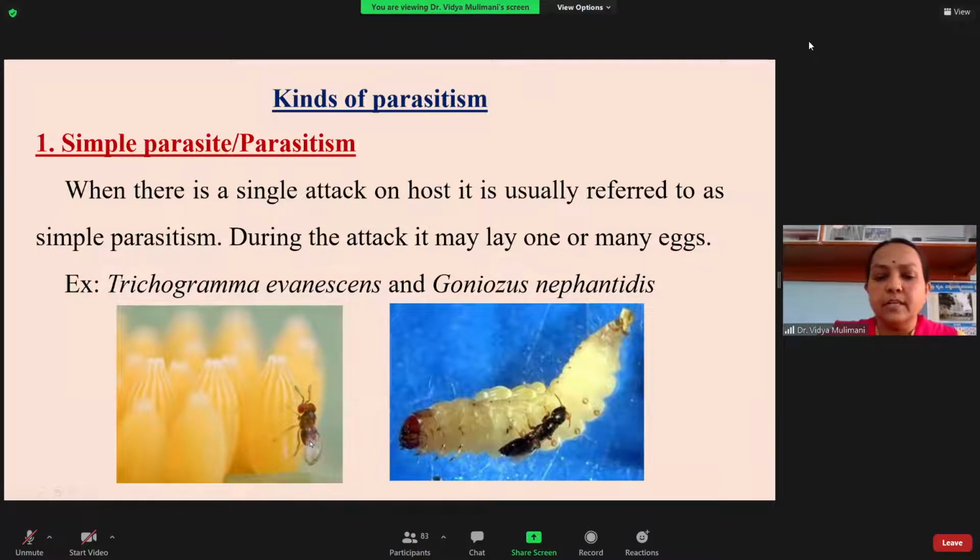For example, it may be a Trichogramma or a Goniozus. They are attacking the host for the first time. This act is referred to as simple parasitism.